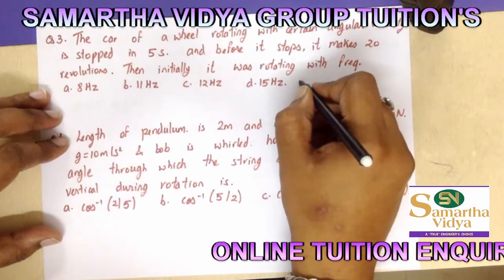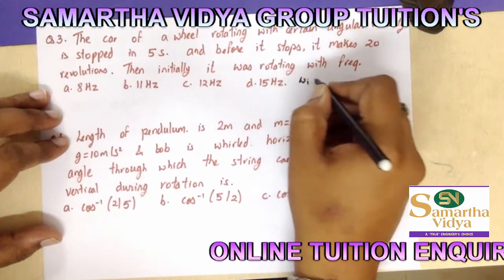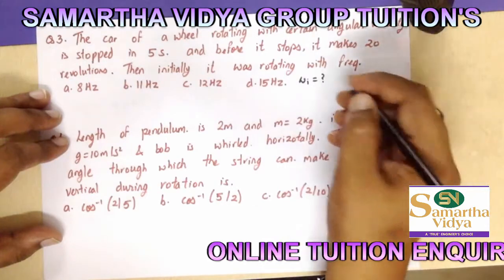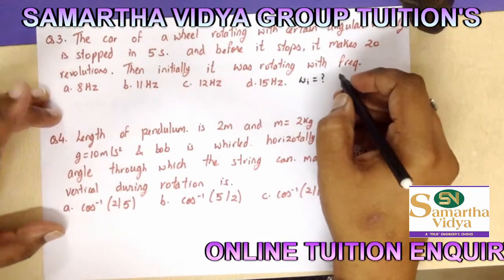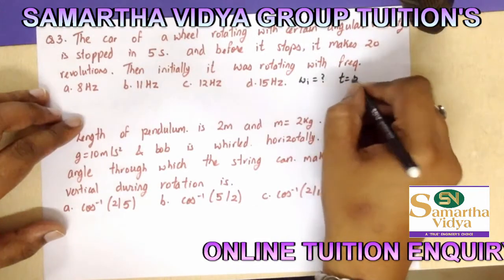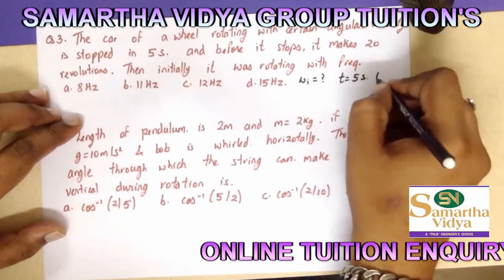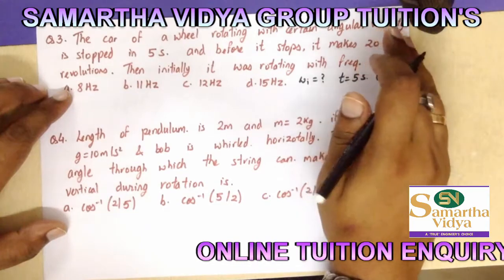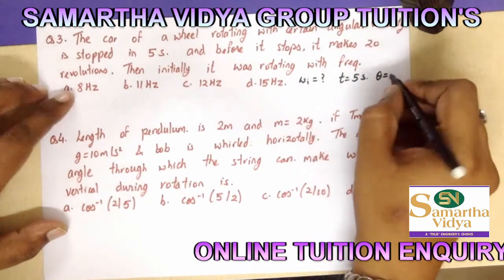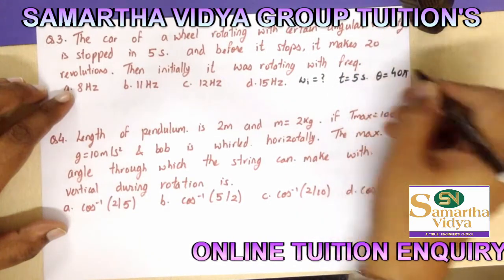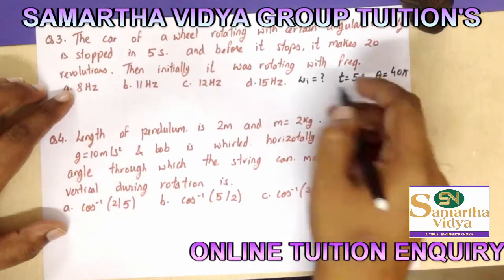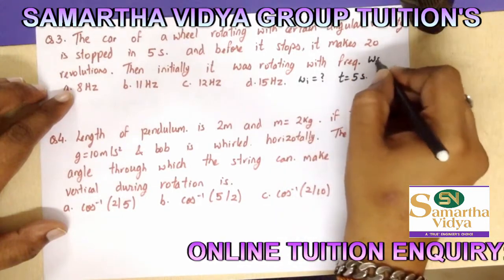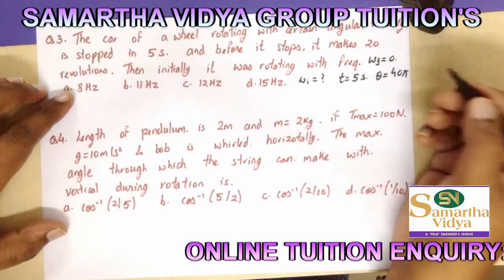I need to find the initial angular velocity, and time is 5 seconds and the rotation is 20 revolutions. I need to convert it into radians, so that is 20 into 2 pi, which is nothing but 40 pi. One more piece of information is that the final velocity is 0.